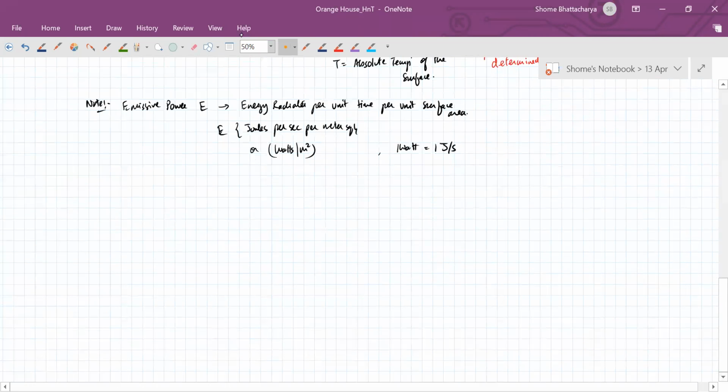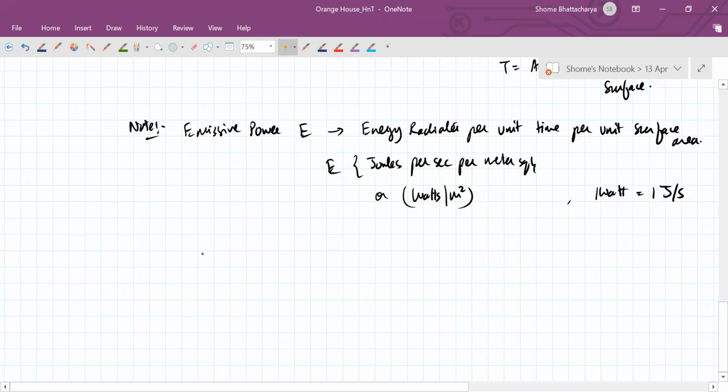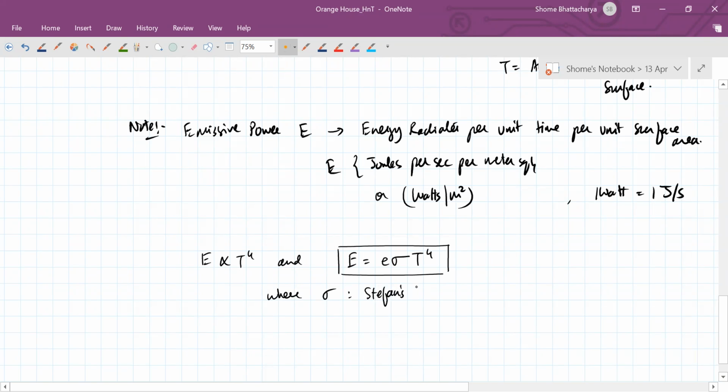Now this proportionality is solved further by the product of two constants, where sigma is Stefan's constant of radiation.